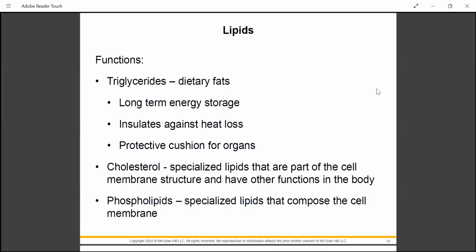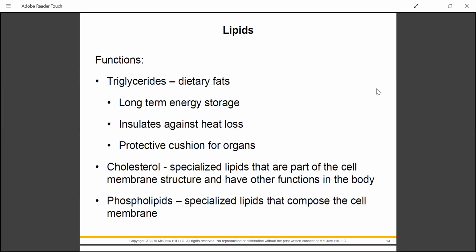So we use fat for energy as well, but it's not as quickly available as our sugars or our carbs are. Of course, fat provides insulation so that we don't lose heat, and is also protective cushion for organs. So our adipose tissue or our fat tissue is going to provide some cushion and protection.